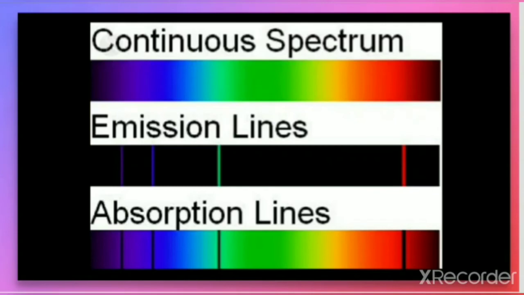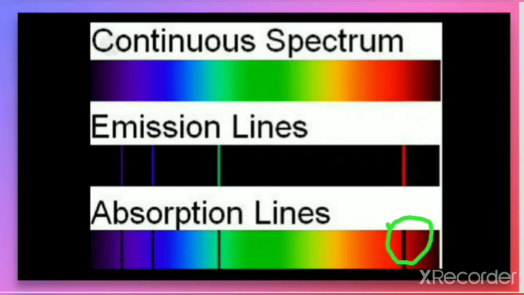When you check a substance, the emission spectrum and absorption spectrum are complementary to each other. That means when light is passed through a substance, it is observed that a particular series of wavelengths of radiation is absorbed.